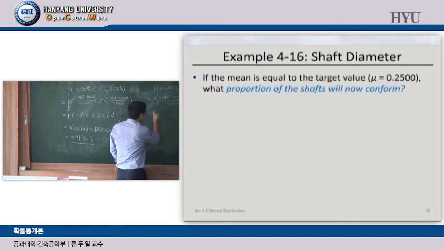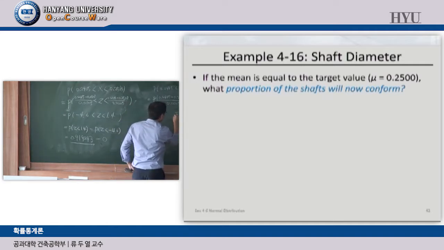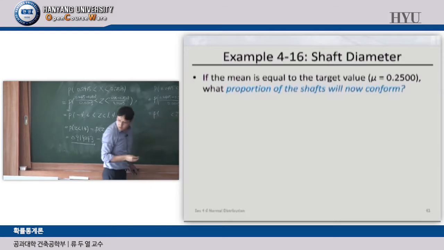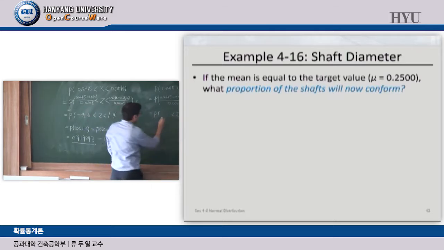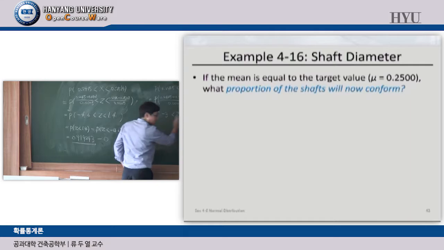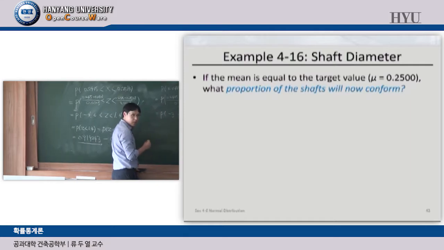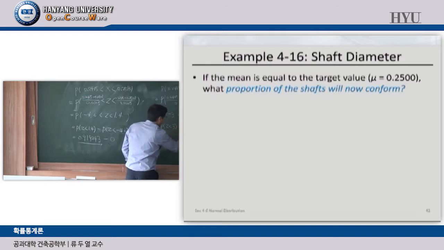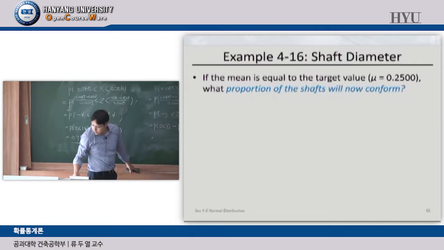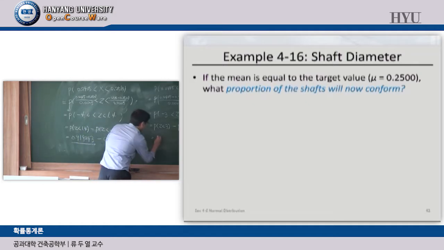This will be the probability of z between minus 3 and plus 3. And this will be the probability of z smaller than 3 minus the probability of z smaller than minus 3. So the answer will be 0.9973.